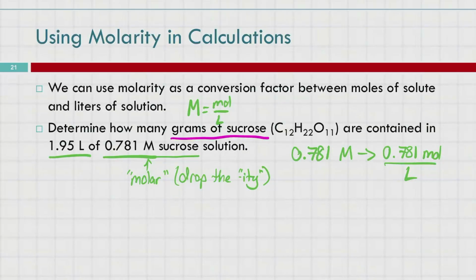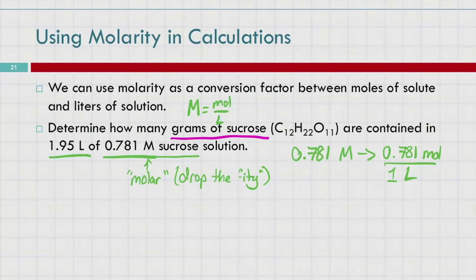We can do that absolutely for free. And now we have a conversion factor. We can, of course, write in the 1 for the liter on the bottom. And so now molar is moles over 1 liter.